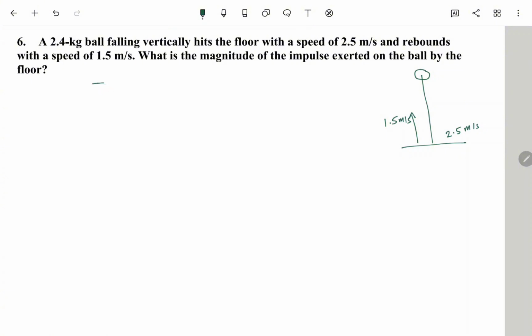Now impulse here is equal to delta p, the change in momentum. We have just one-dimensional motion on the y-axis, so delta p_y in this case is m v final minus m v initial. The mass is equal to 2.4 times 1.5, this is the final velocity, minus, now the mass again, 2.4 times the velocity here, which is minus 2.5 because it's going down.